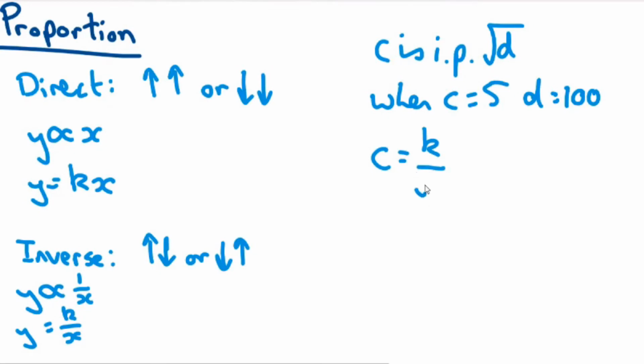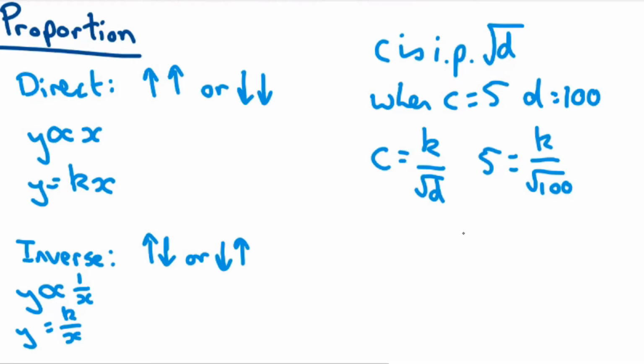So C equals K over root D. We can then plug in our values. So 5 equals K over root of 100. Square root of 100 is 10. So 5 is K over 10.